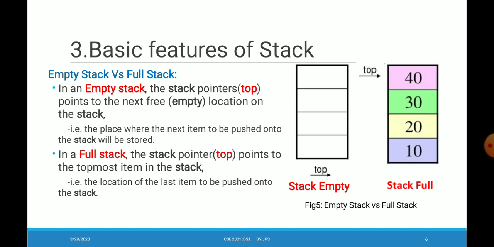The size of this stack as seen here is 4, and here the stack contains all the 4 elements and the stack pointer points to the top. So we cannot add any more elements to this stack. So if we try to add more elements to the stack, it shows a condition called stack overflow.